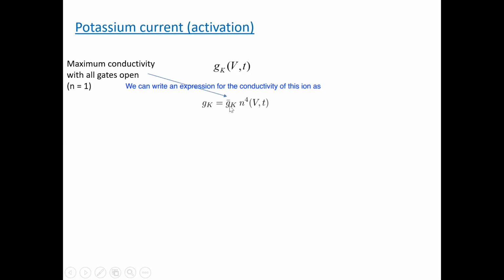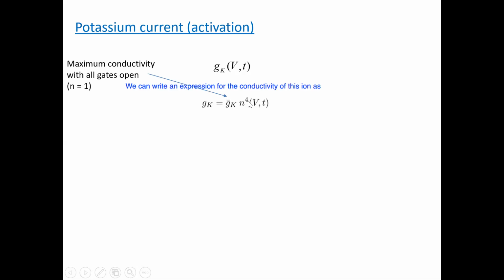All right, so let's start off with potassium activation, or g_K, as a function of V and t. We can write this as g_K max, or g_K bar, times a gating variable n to the fourth power. So g_K bar is the maximum conductivity with all gates open, where our gating variable n is equal to 1. And you'll notice this is to the fourth power.